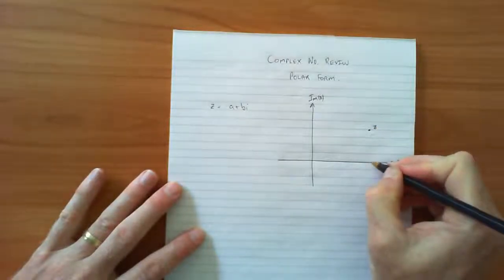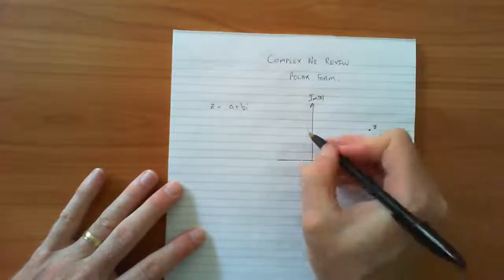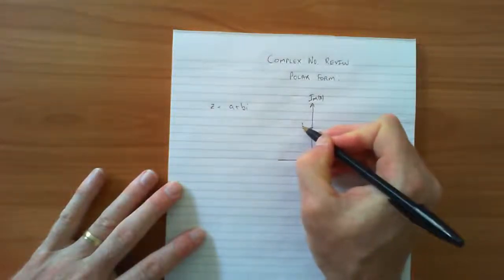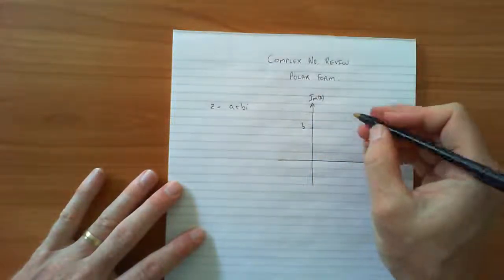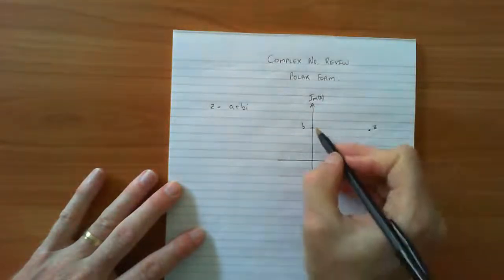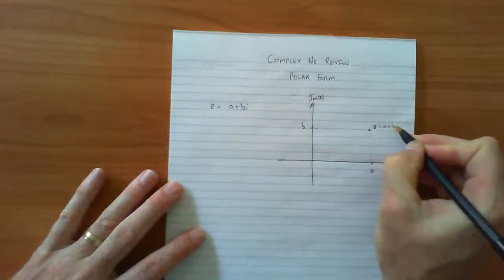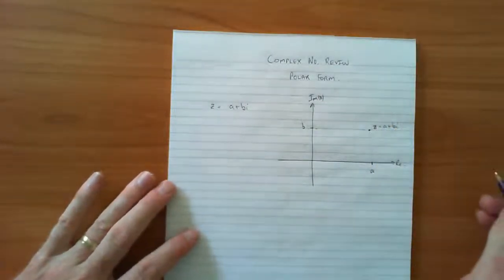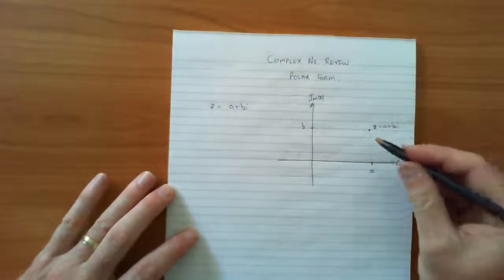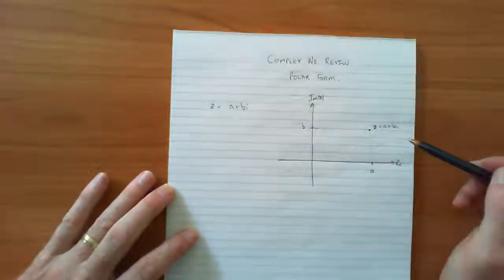That is because its real component is a, so this distance out here is a, and its distance on the imaginary axis is b. So I could plot z here as being a plus bi. Now that's in rectangular form, standard form, or Cartesian form.